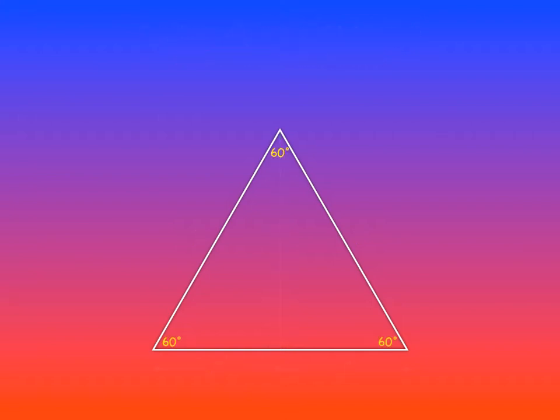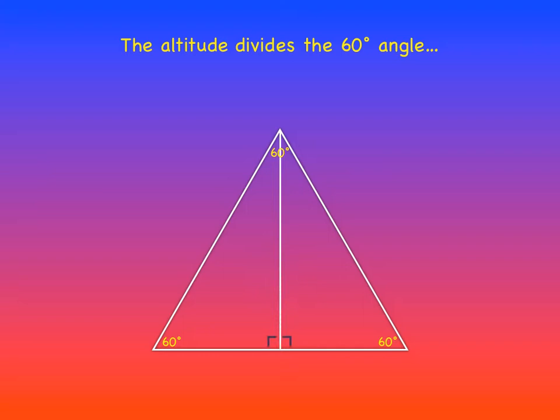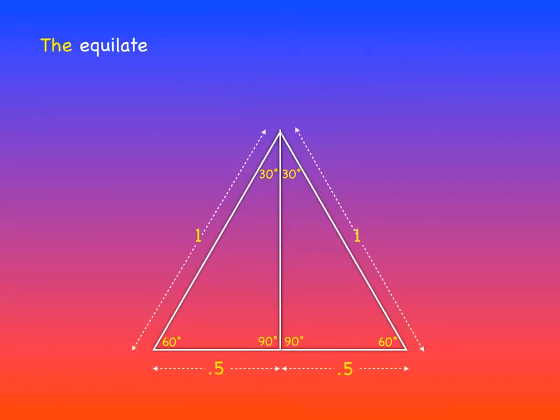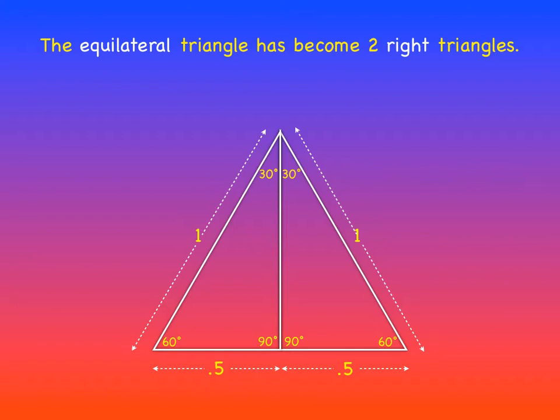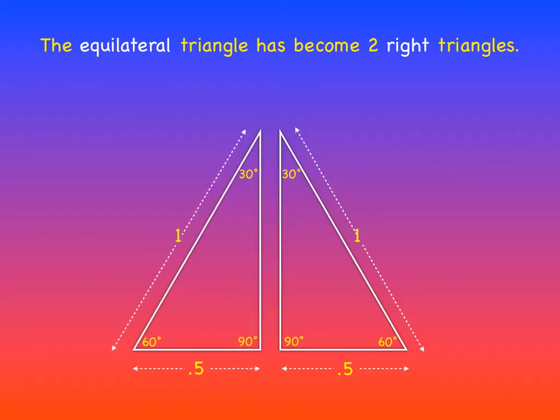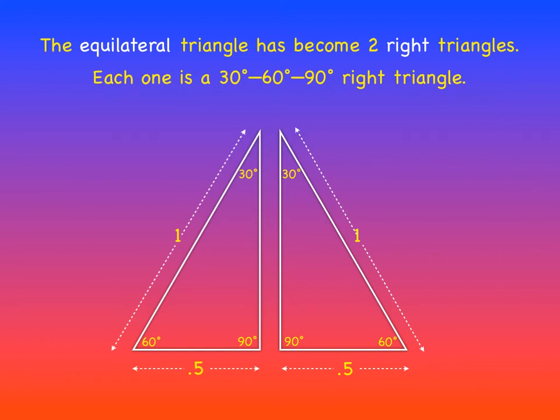The altitude divides the 60-degree angle into 2 30-degree angles. The equilateral triangle has become 2 right triangles. Each one is a 30, 60, 90 right triangle.